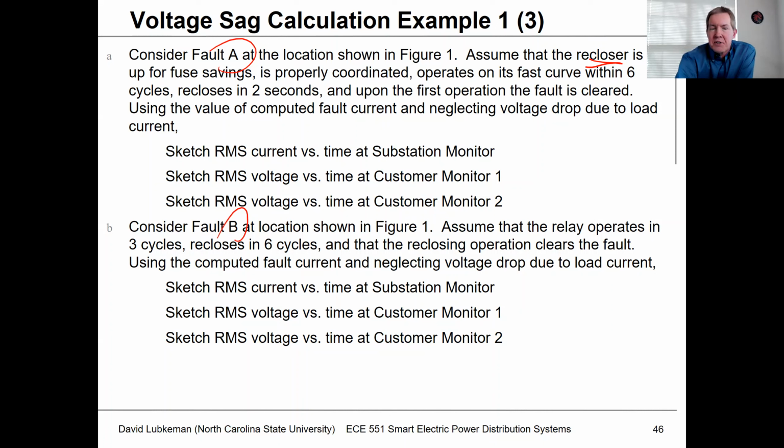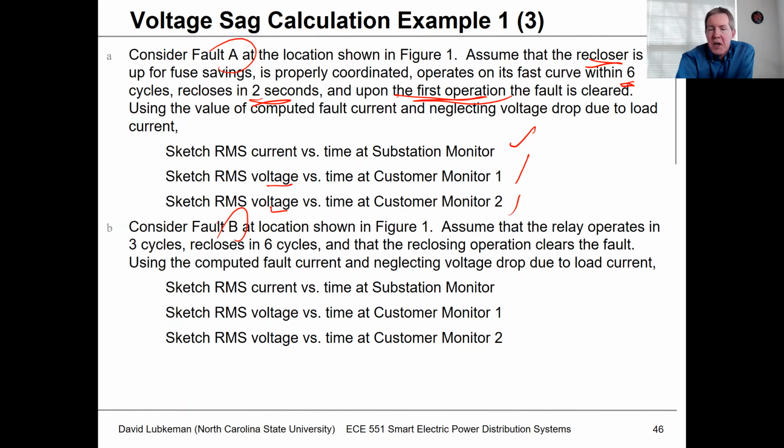It's going to operate on its fast curve within 6 cycles and reclose in 2 seconds. And we'll assume that we're successful in the first shot as far as clearing the fault. And I want to estimate what we're going to see for the RMS current at the substation monitor and what the voltage is going to look like at both of these customer monitors.